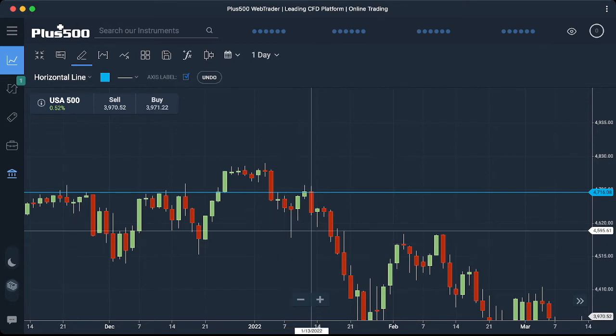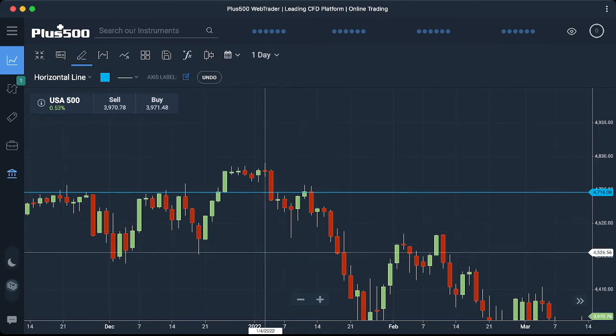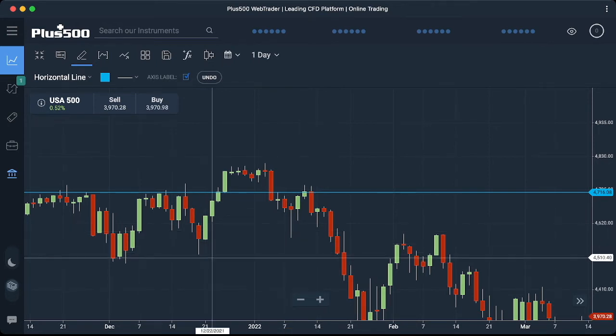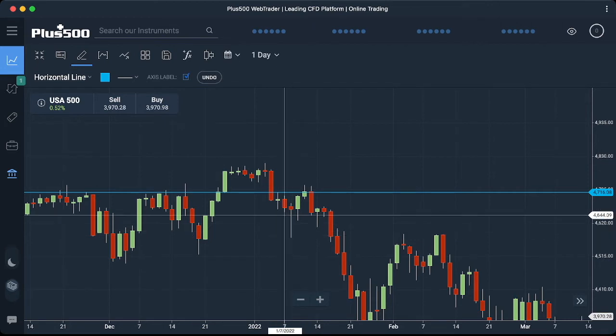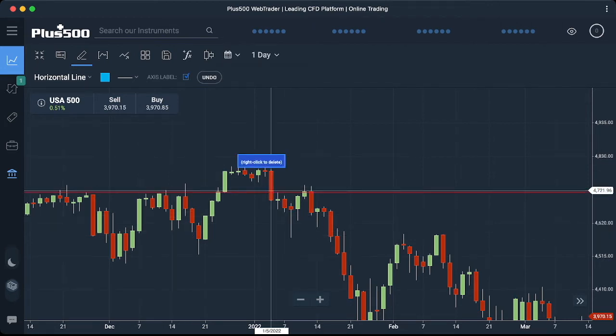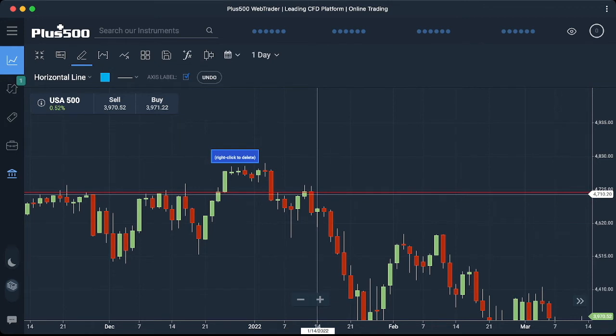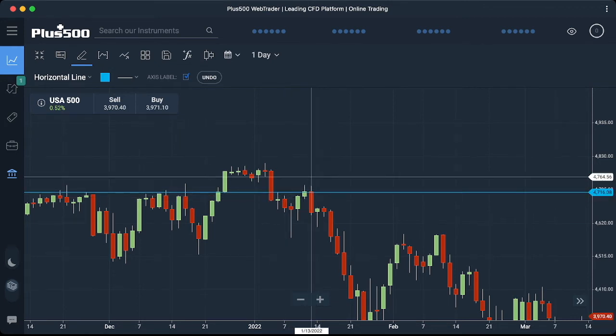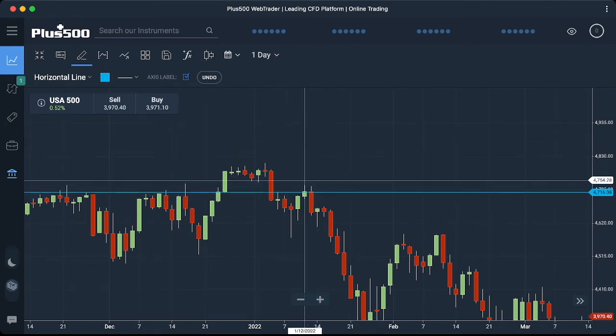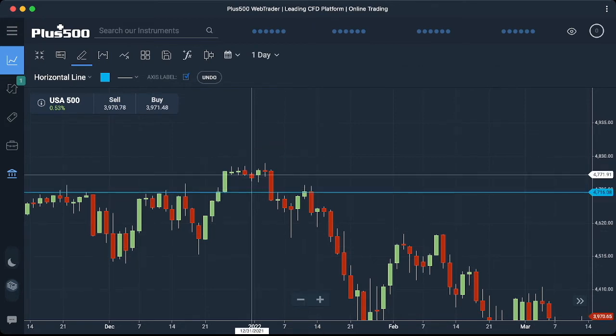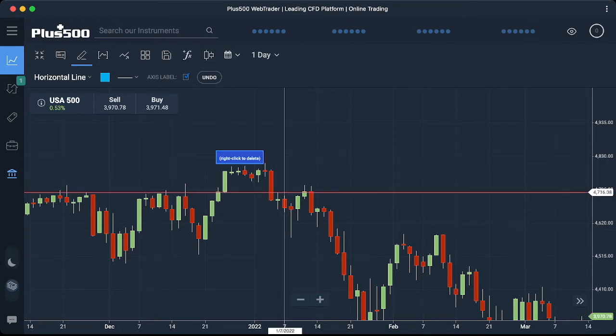To reach that area, we are getting a pullback here to this fair value gap. Once the price comes up, it is a perfect entry to consider in the lower time frame, as our bias after forming this swing high and getting this fair value gap is to the downside.